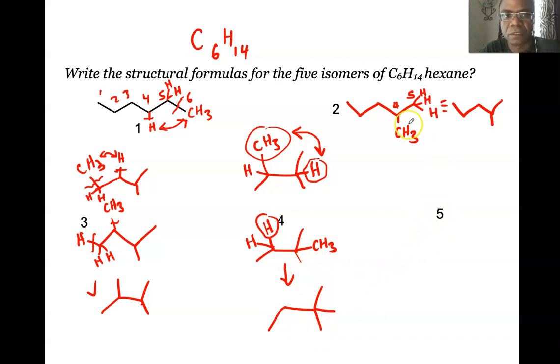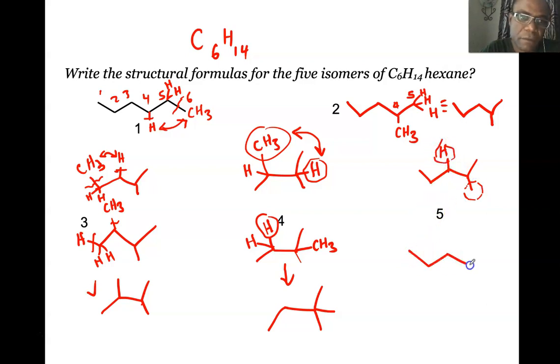Now the 5th isomer of hexane can be found by, I think we need to go back to number 2. Let's see. Yeah, let's go back to this structure, isomer number 2. So I'm gonna move this CH3 from here and swap it with this hydrogen.